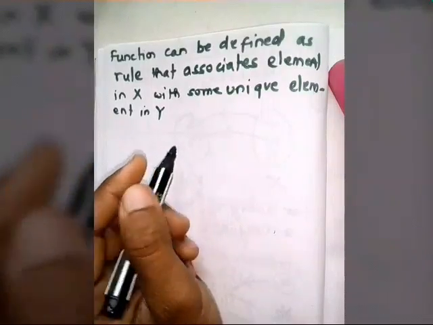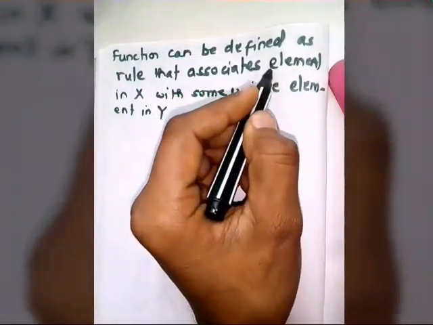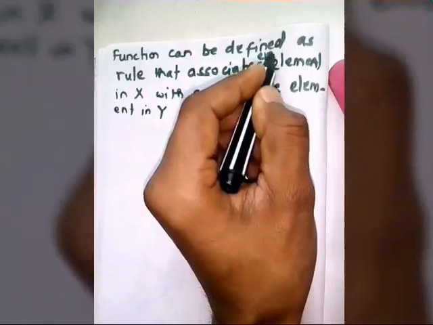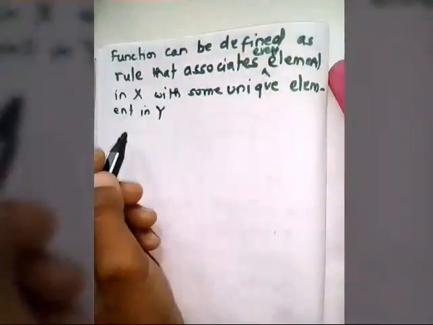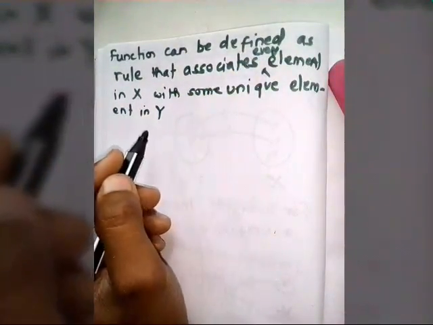Now I forgot to say that it associates every element. A function is a rule that associates every element in x with some unique element in y.